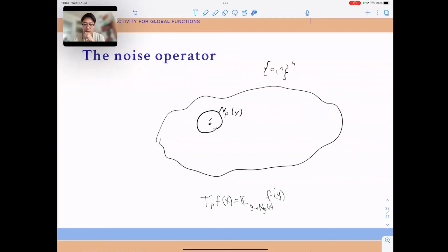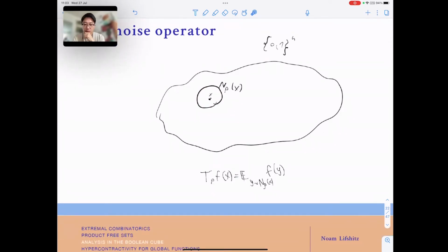Given an element X in the cube, we define a neighborhood of elements that are close to X. After defining this neighborhood, we define the noise operator by taking the expectation over Y, where we choose Y randomly out of this small neighborhood. So this is like a smoothing operator. Given X, we smooth the function out by taking its expectation over a small neighborhood around X.